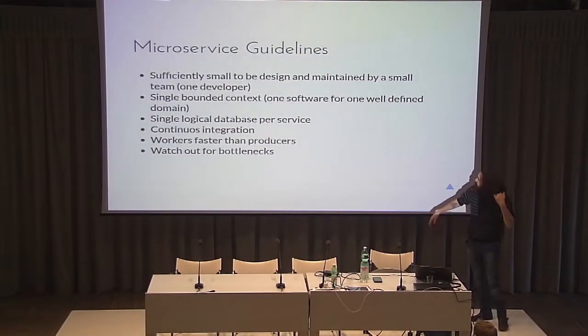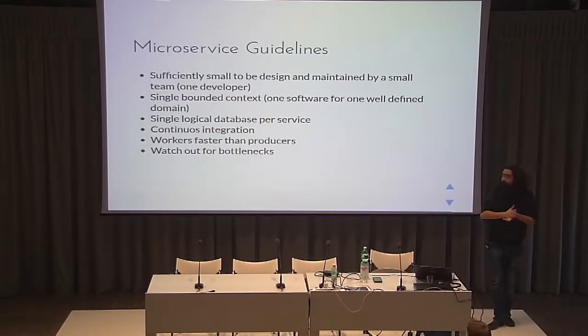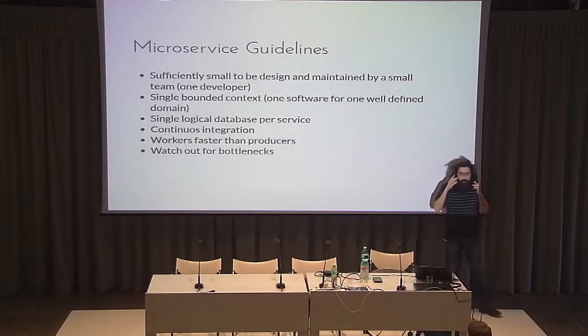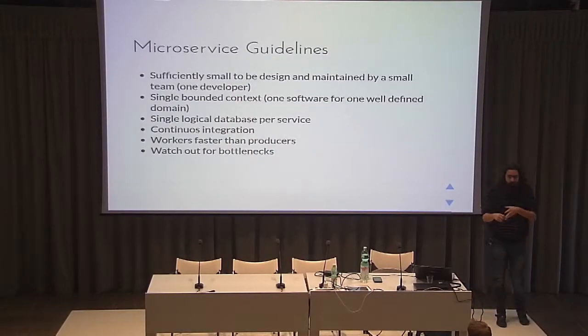As a last slide, there's a little set of guidelines. Small, maintainable microservices with small teams behind them. A single bounded context for every microservice, preferably one domain, such as image rescaling, authentication, or front-end management, trying to be as specific as possible, and having the data distributed too.